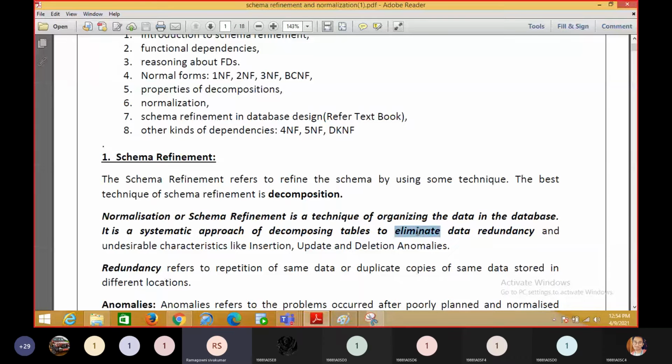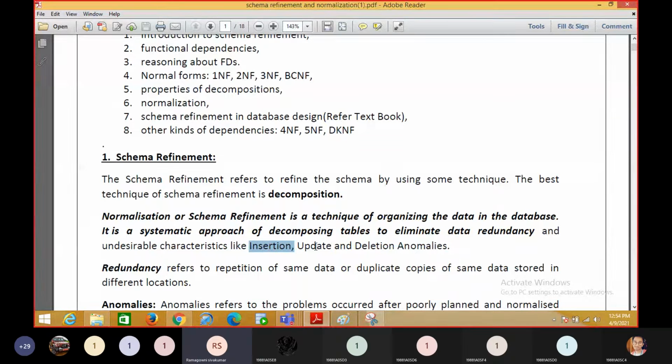That means we are eliminating data redundancy, and undesirable characteristics like insertion, updating, and deletion anomalies. Anomaly means problem.